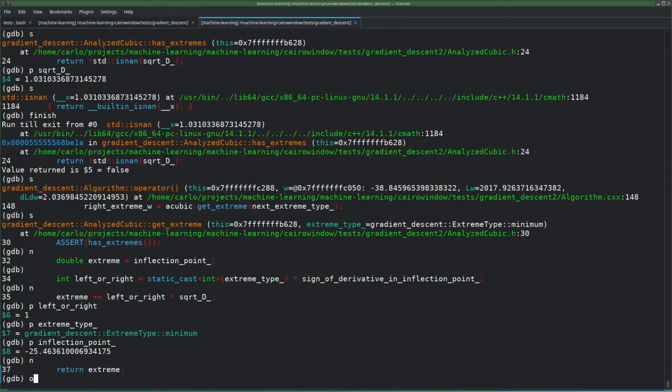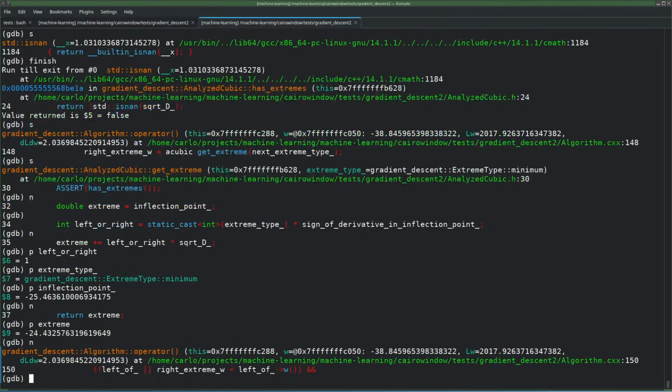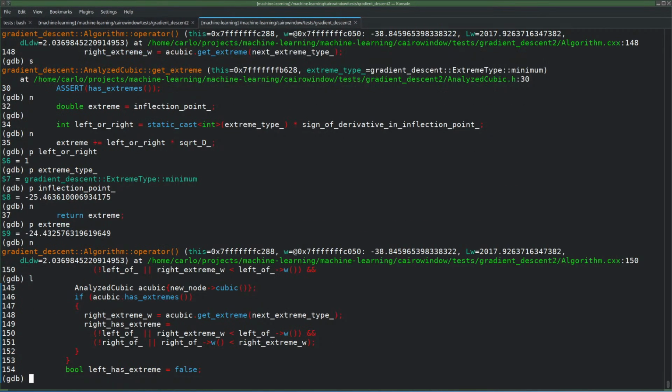So then after this step we have an extreme of -24. Step. Next. And then this checks if it falls in between 0 and 1, and it does, because we made such a small step.